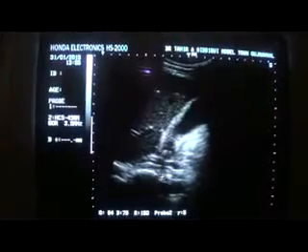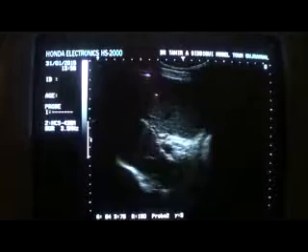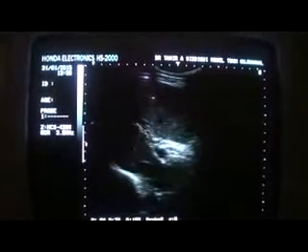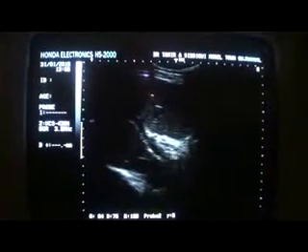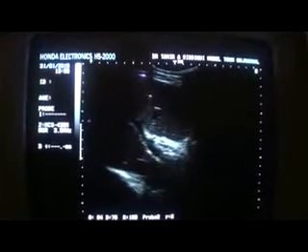Now this tiny calculus is giving posterior shadow, as you can see, and again the patient is in supine posture. Here you can see another view of the portal vein and common bile duct, not dilated at all. See, this is the portal vein, this is the common bile duct, and this tiny cystic area is the hepatic artery.